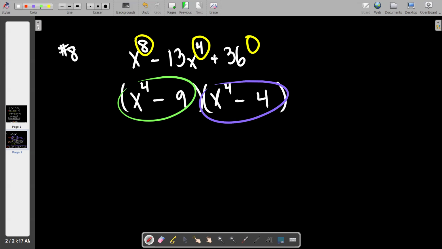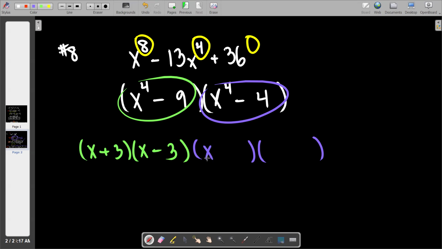From the green, I'm going to have 2 factors, and from the purple, I'm going to have 2 factors. So the greens are going to be x plus 3, x minus 3. The purples are going to be x squared plus 3, x squared, and x squared.